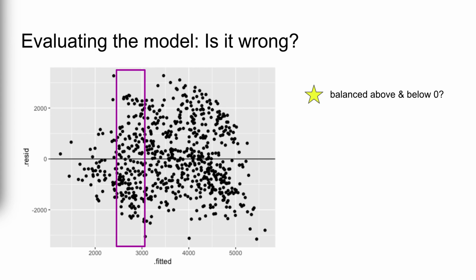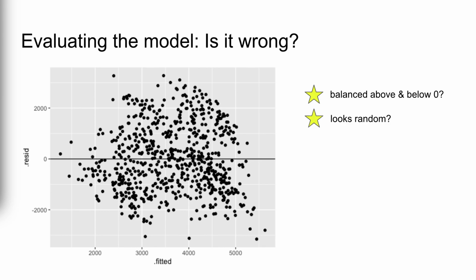That is, our model is cutting through the center of the data, or actually capturing the appropriate relationship. This is roughly true across the entire span of the model. For example, we observe a similar balance as we move our window toward the area of the model that predicts higher ridership. So, in terms of being balanced above and below 0, this model looks pretty good.